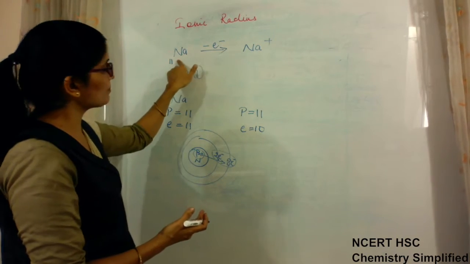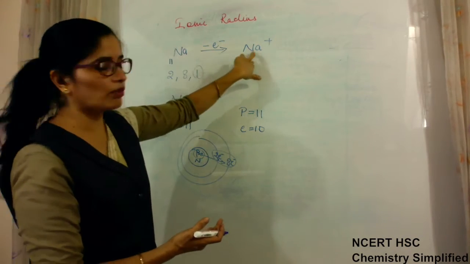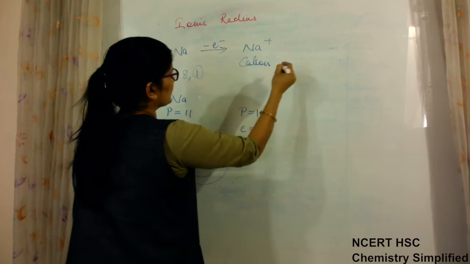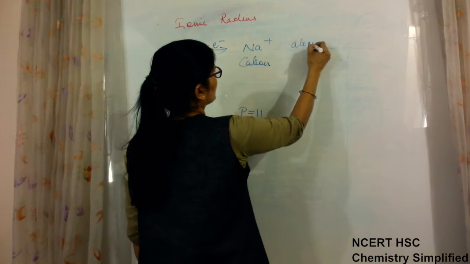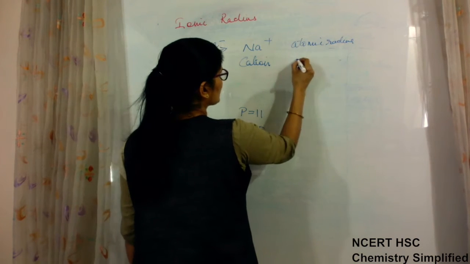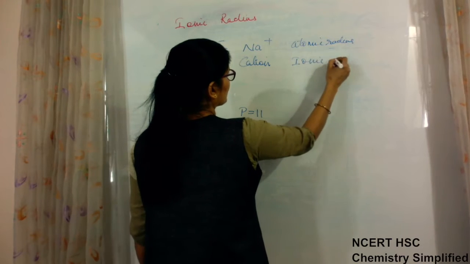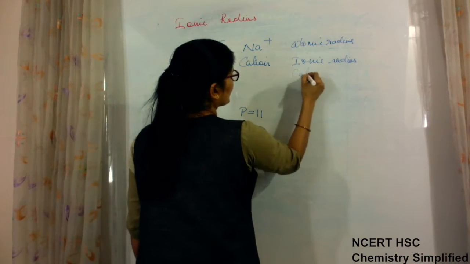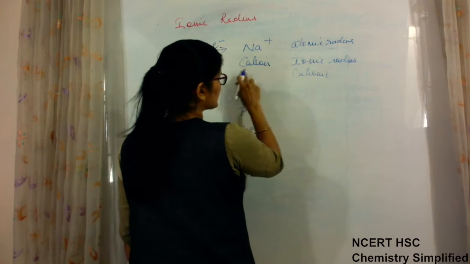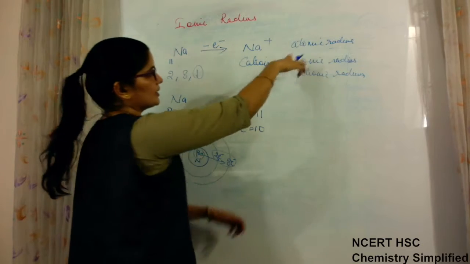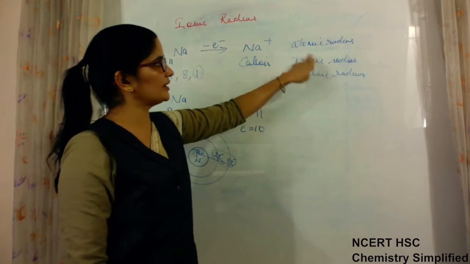So for the same atom, if it forms a positive ion, that is a cation, then atomic radius now becomes ionic radius, or you can also call it cationic radius. Because it is a cation, what was atomic radius has now become ionic radius.